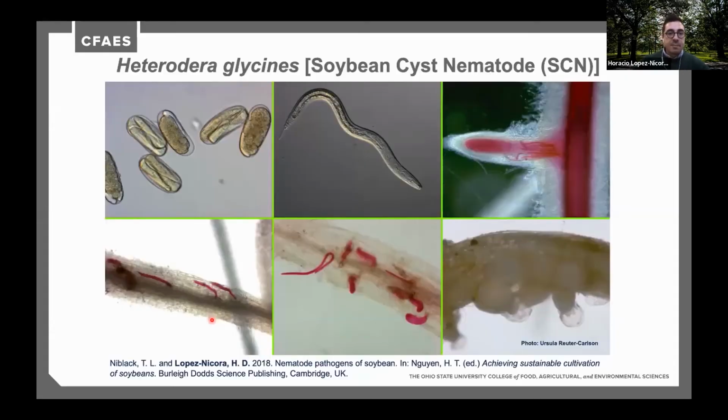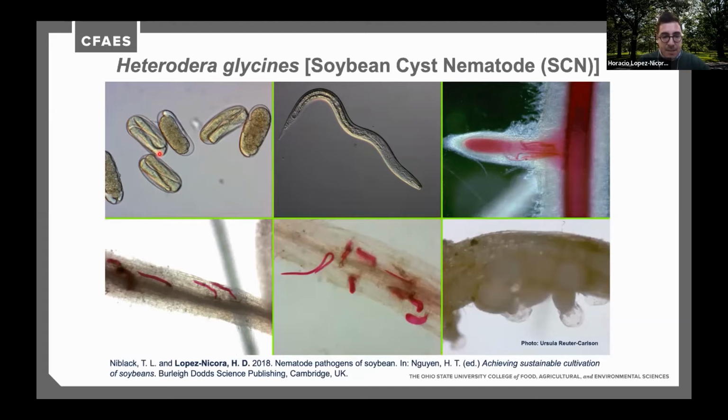So with that, let's jump into the fascinating life cycle of the Soybean Cyst Nematode. Heterodera glycines is the scientific name. It will overwinter as eggs in the soil. These eggs can be loose or can be enclosed in the dead body of the female that we call cyst.